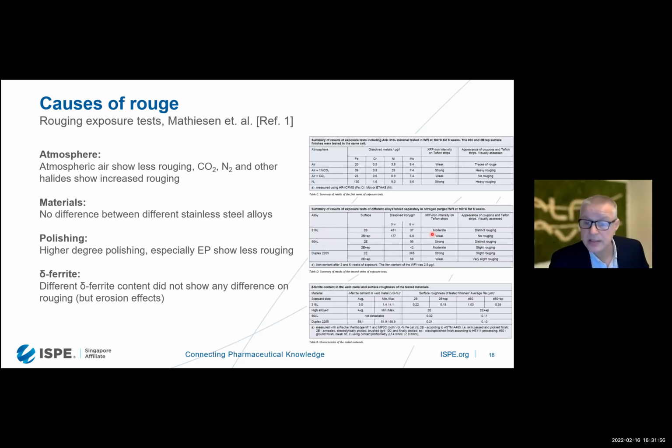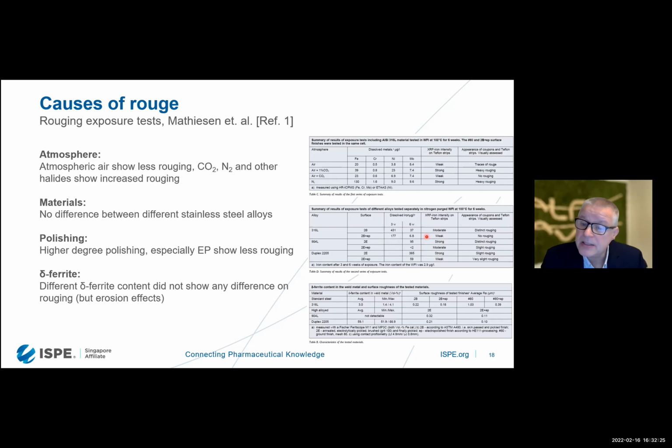And you can see in the 316L we have a moderate contamination from iron. And the same actually goes for 904 and duplex steel. Here it's actually strong instead of moderate. But on the visible Teflon, we see rouging on the 904, but very slight rouging on the duplex steel.